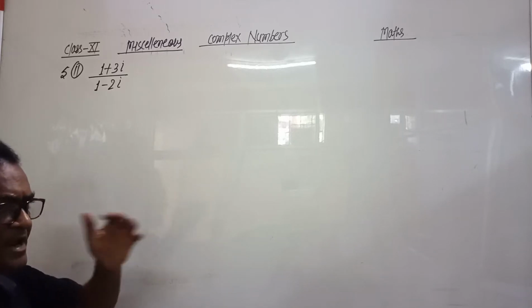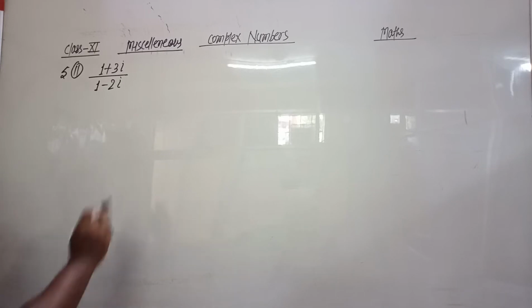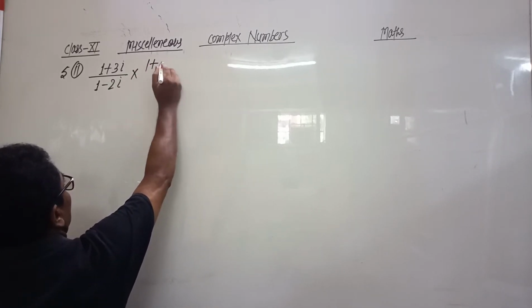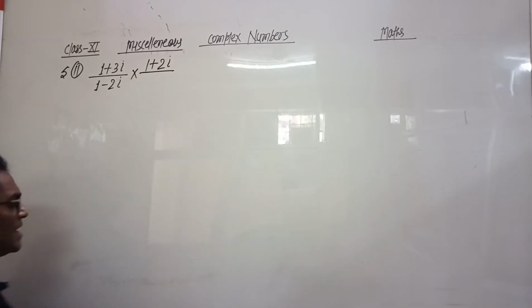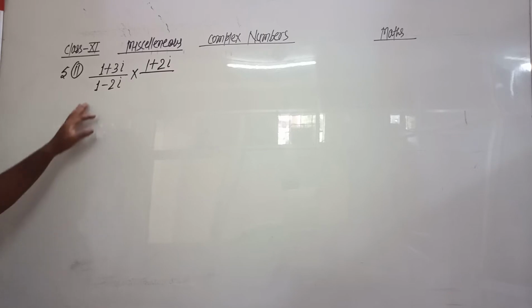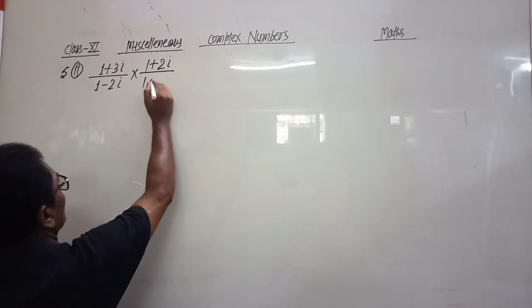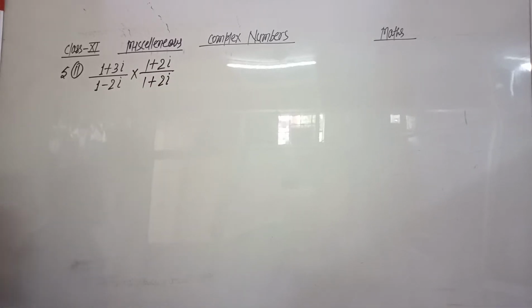So in the very beginning, we will have to express this in the form a + ib, and for this we will have to rationalize. We multiply the numerator and denominator by the conjugate of 1 − 2i, which is 1 + 2i.